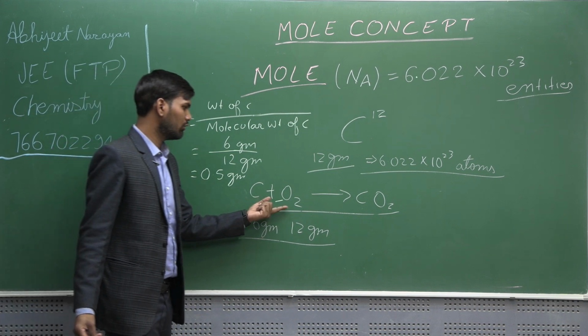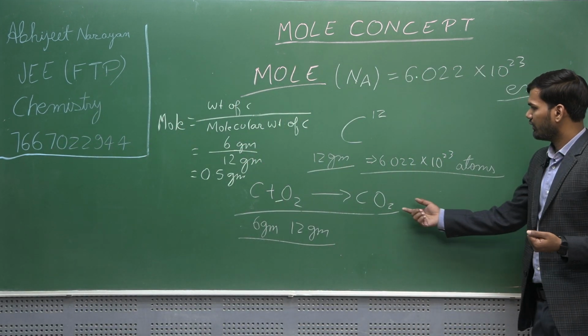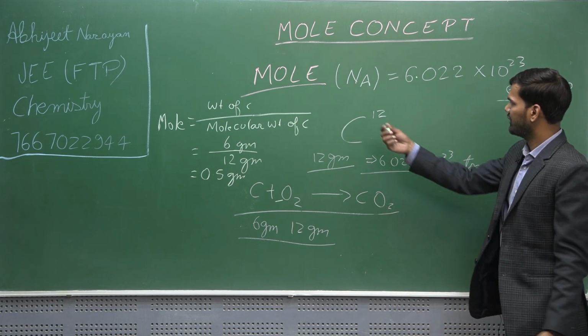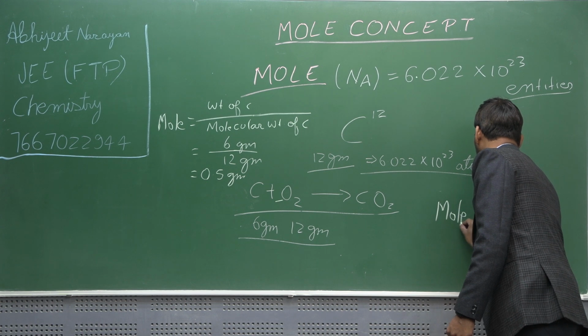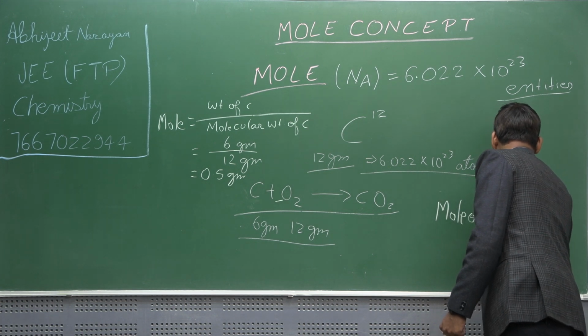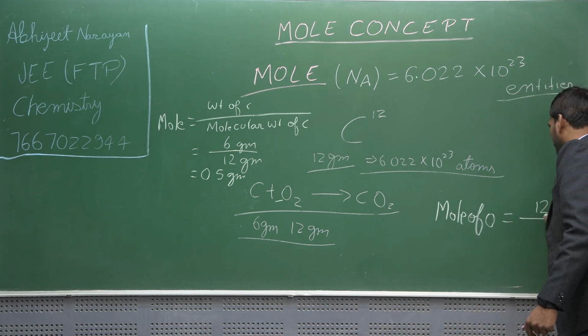And look at the mole of oxygen given here. To find the mole of oxygen, we do the same thing. Mole of oxygen equals the weight of oxygen given here, that is 12 gram, divided by the weight of oxygen.